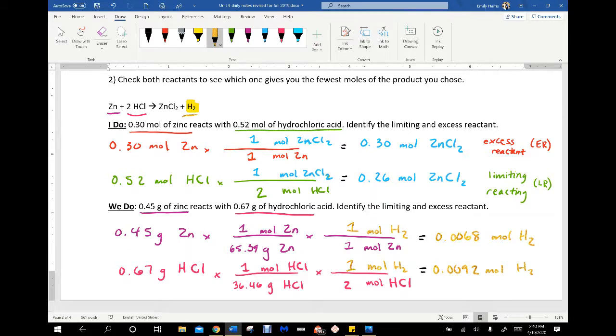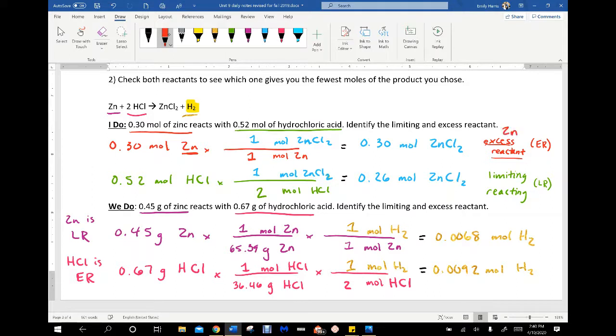All right. So now what we see is that the zinc gave us less product than the hydrochloric acid. And so if we write that in over here, zinc is the limiting reactant, which means that hydrochloric acid is the excess reactant. And I'm realizing I forgot to point this out when I worked the first problem, but when we say this is the excess reactant, we're really referring to the reactant that we started the problem with.